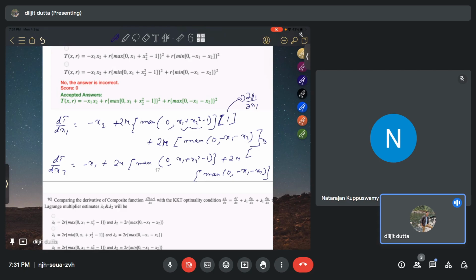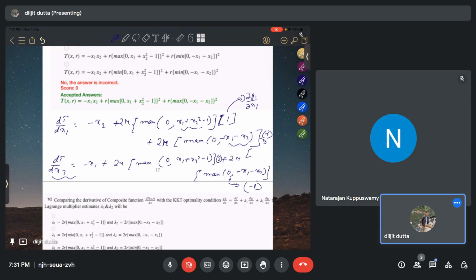We take the derivative of the maximum function with respect to minus x1 minus x2, and if you take the derivative of minus x1 minus x2 with respect to x1, it will again be multiplied by minus 1. Similar condition here also, it will be 2 here because it is 2 times x2 square, taking the derivative with respect to x2, and here it will be multiplied with minus 1 because it is minus x2.